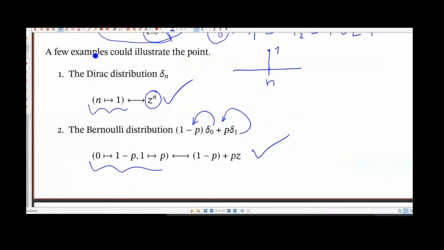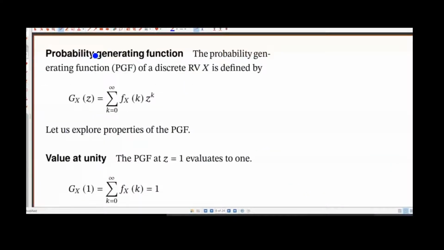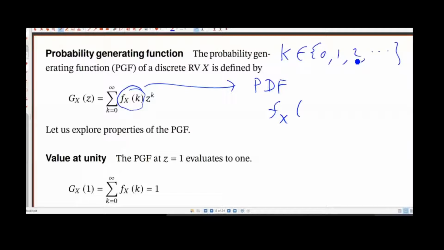But now I want this definition to be specific to one sequence, the sequence of my discrete PDF, f_X. In this generating function I will always assume that k belongs to this set. Even if it does not, I will assume 0 probabilities, because you can always expand your set of values to this set by allowing probabilities to be 0.